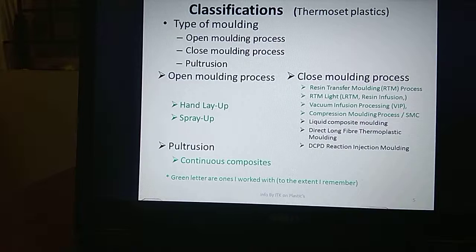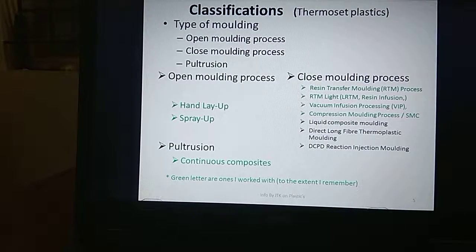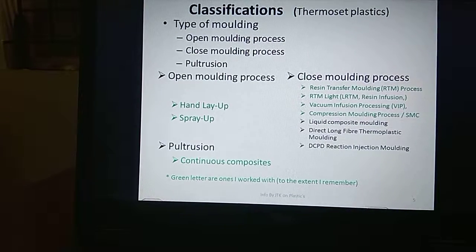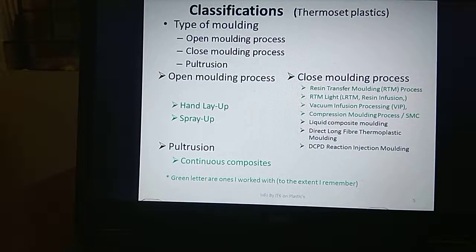Then there is the vacuum infusion process, also known as VIP, compression molding process and sheet molding compound, SMC, liquid composite molding, direct long fiber thermoplastic molding, DCPD or reaction injection molding, also known as RIM. And pultrusion is a continuous composite manufacturing process.